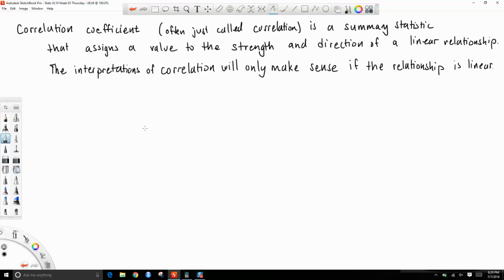We have to plot it, okay? So we create a scatter plot and we just look at that, okay? And that's actually the best way to decide if a relationship is linear, okay? The best and really the only way that we're going to learn in this class, the best way to decide if a relationship is linear is to create a scatter plot and look at it.